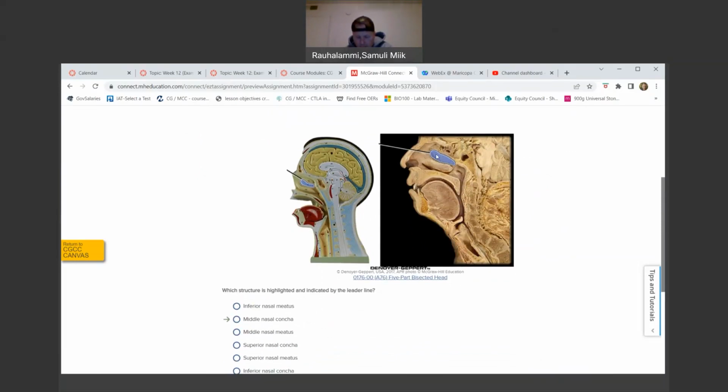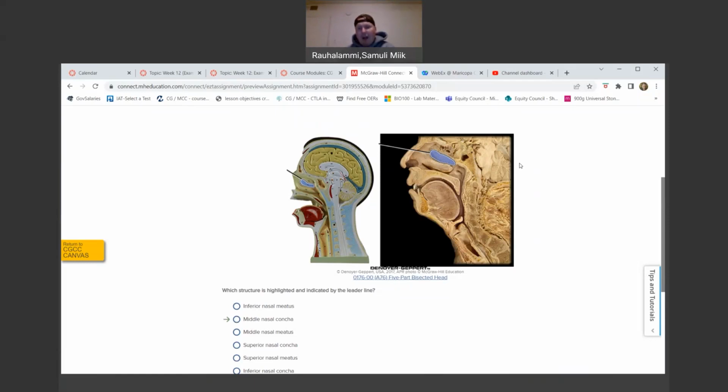From the lateral wall of the nasal cavity, we had these protrusions coming out, and these protrusions were known as conchae. So on the diagram that I sketched, this dark and highlighted structure is now the lateral wall of the nasal cavity. So these protrusions were known as our conchae, and in this case, what we're seeing is the middle one of these conchae that's highlighted. So if you want to be a little bit more specific.